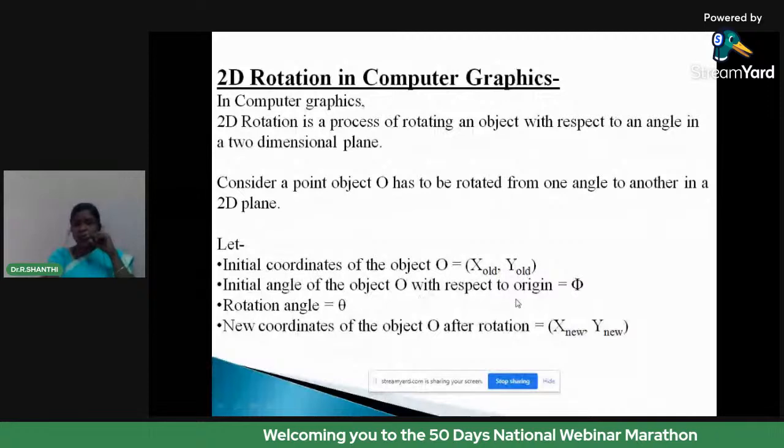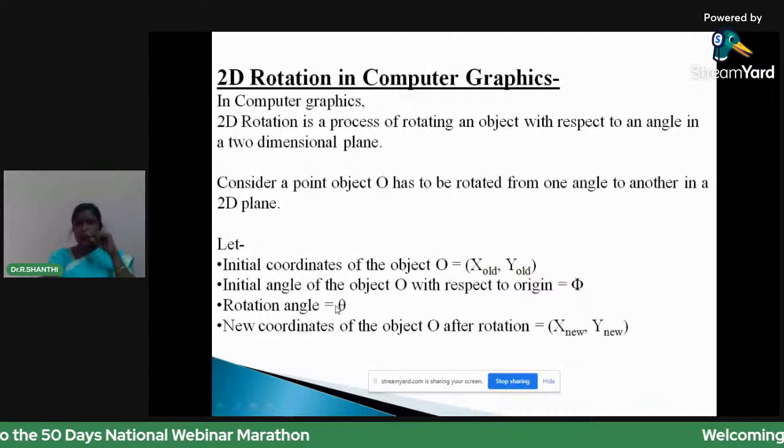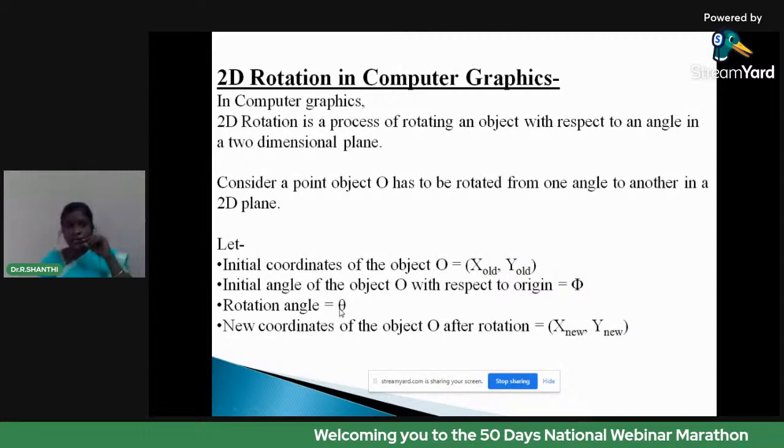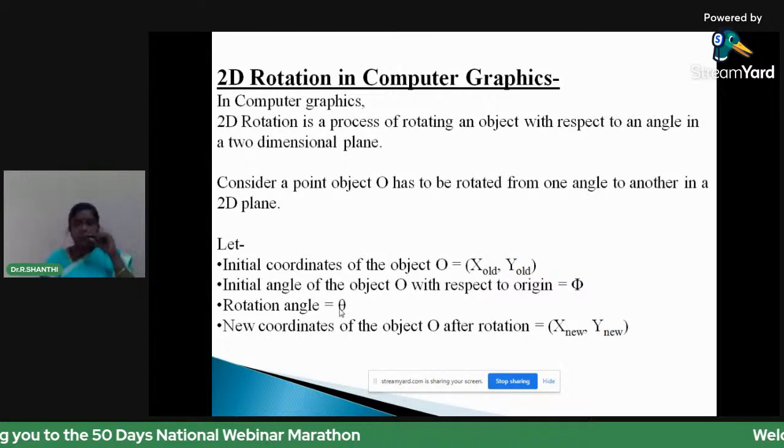Then the initial angle will be theta, some degree. Then I just want to rotate the object. In translation we had Tx and Ty as translation factors. Here we have the rotation angle, which is represented by the symbol theta.